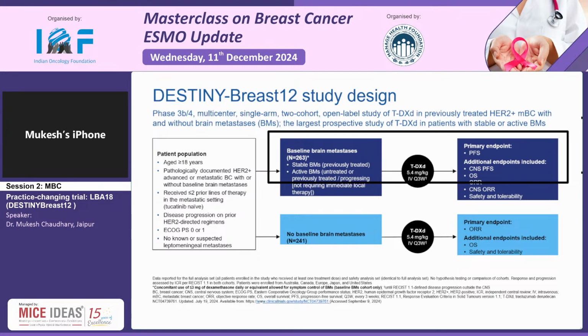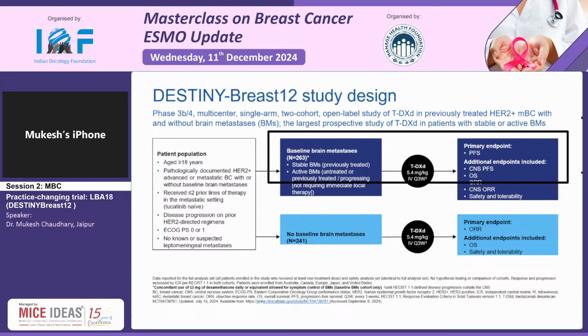The inclusion criteria: any adult patient with HER2 positive disease with or without brain mets, who received 2 or fewer prior lines of therapy, especially tucatinib naive patients. The exclusion criterion is leptomeningeal disease.